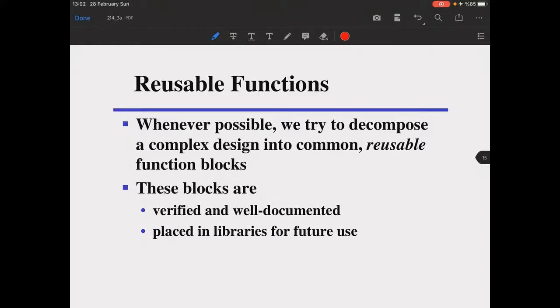You keep them for yourself in your libraries, and you use them again and again. No need to write them again and again. You maybe change a few variable names and a few numbers, and you go ahead and use them. This is what we're talking about. The same thing applies in hardware design. It's pretty similar, I guess.